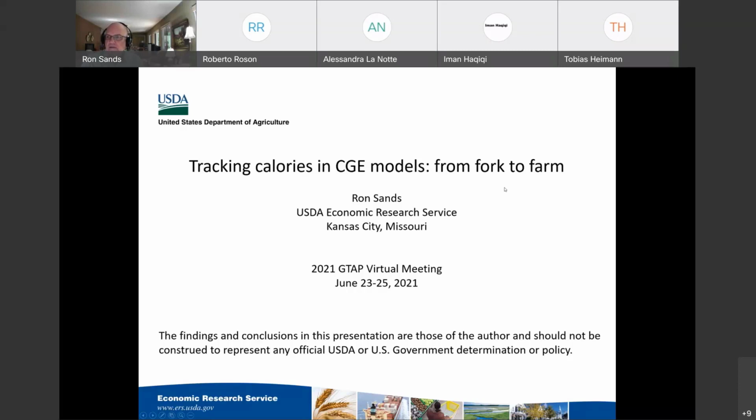Usually you hear this as from farm to fork, but I reversed those two terms to emphasize that this is a demand-driven analysis, that it's consumer diets that are actually driving what's going on in the rest of the economy, especially in terms of land use and agricultural production.